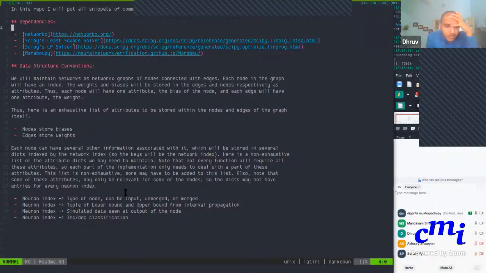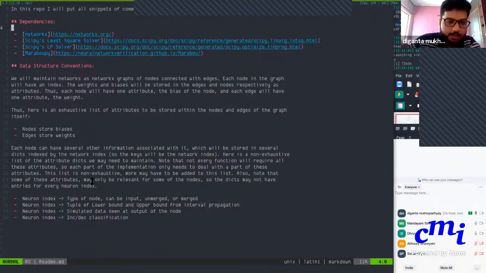So now what you're going to have is external data structures, which basically are like tables indexed by neuron indexes, right? What that means is that you can just think of it as a dict where each key is a neuron index. And when I say neuron index, you remember that NX will give you an index for each node in the network, right?